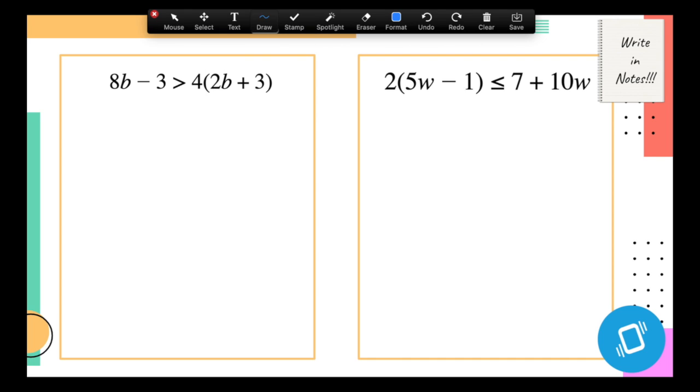We're going to do what we usually do first, which is the distributive property. I'm going to distribute the 4 to both the 2b and the 3. When I do that, I get 8b plus 12. And I drop everything else down, so I get 8b minus 3 is greater than 8b plus 12.